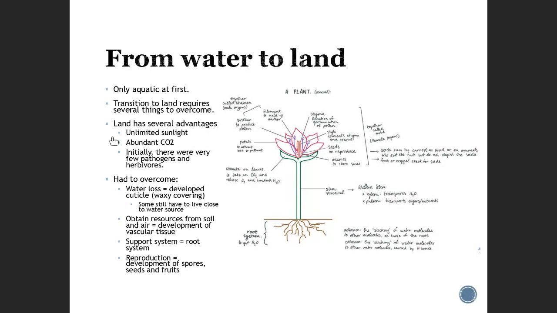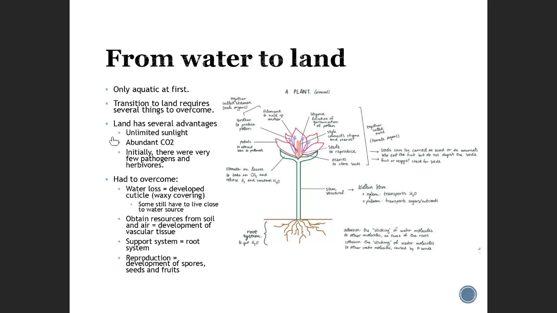There's also an abundant amount of carbon dioxide. CO2 levels are a lot higher than they are in the water. So you have the key components that you need for photosynthesis. Initially there were also few pathogens and herbivores, so there wasn't anything really to target you early on. So it made sense to move to land.